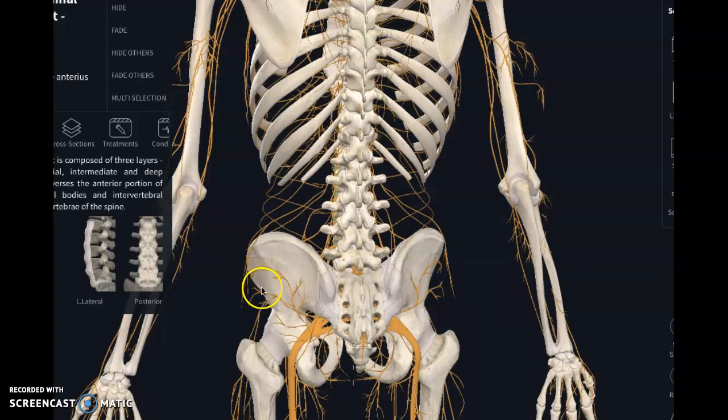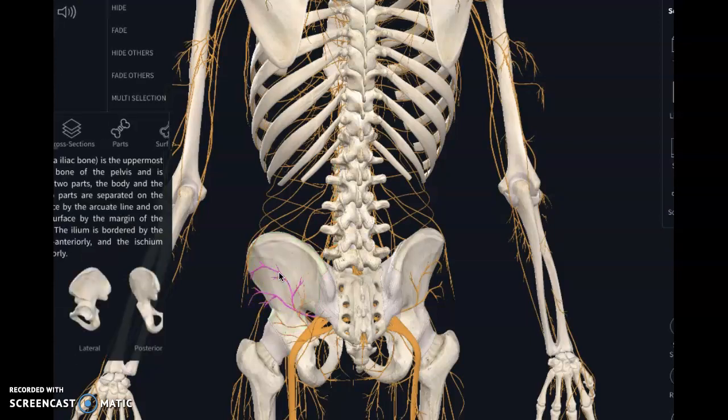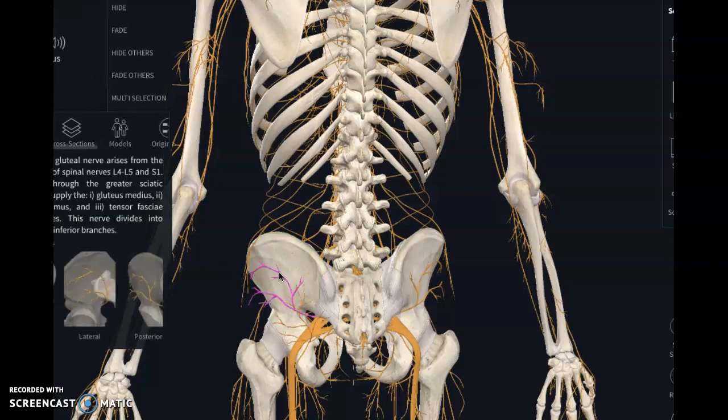I also came in from the side and got the branches of your nerves that innervate your glutes. If it'll let me click on this guy, so that's your superior gluteal nerve. That just supplies the actual muscle group of your glutes.